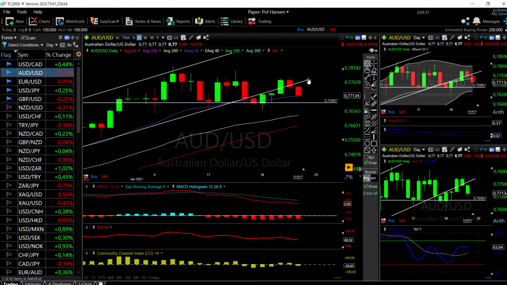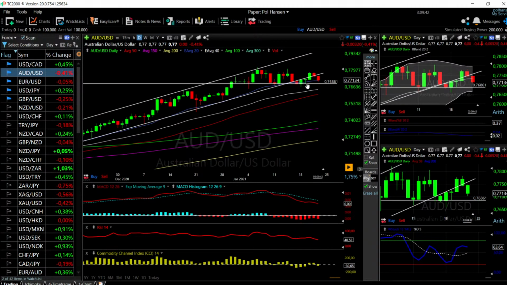We could basically turn around here, but we need to start trading within this channel again in order to go higher. 0.8780 is basically our target for this currency pair, and in order to hit that target, the US dollar needs to start depreciating again, and the demand for, for example, precious metals and commodities has to increase, which usually makes the Aussie dollar bullish, especially oil, copper, and so on.